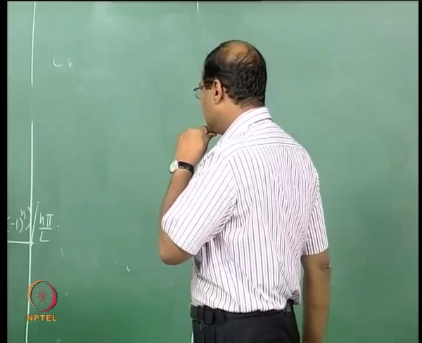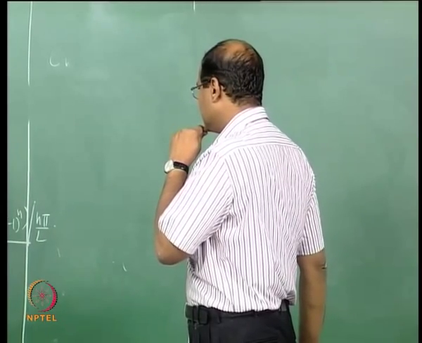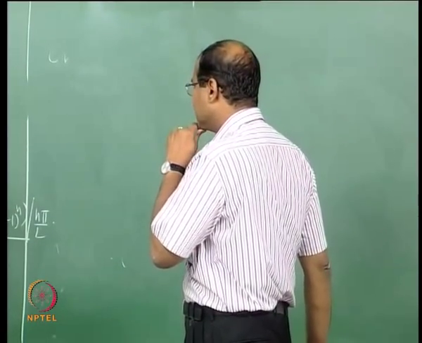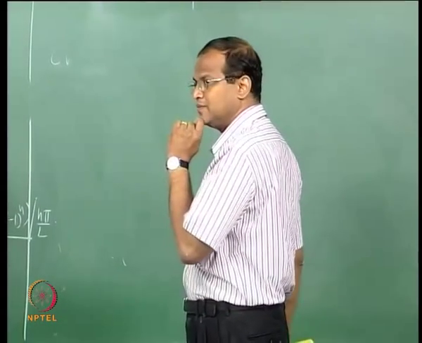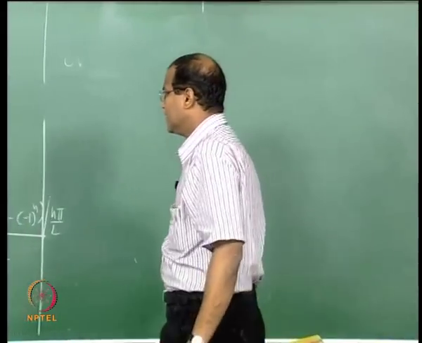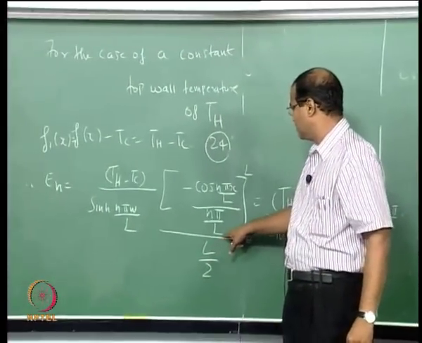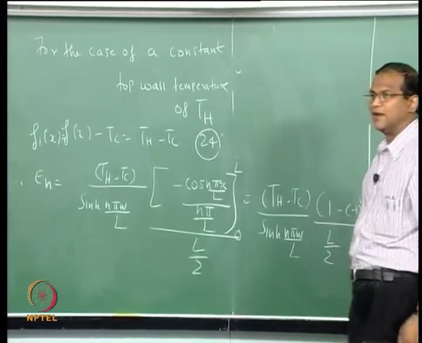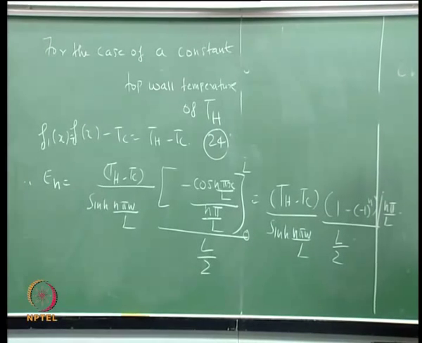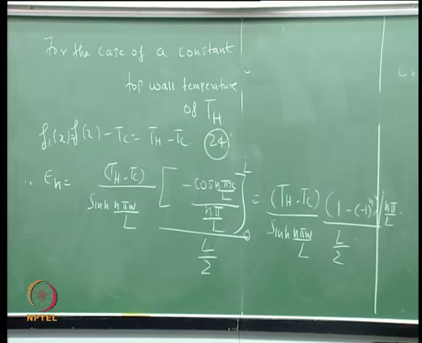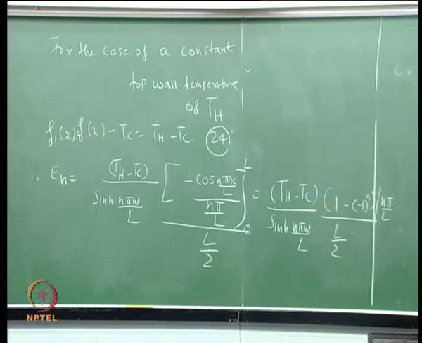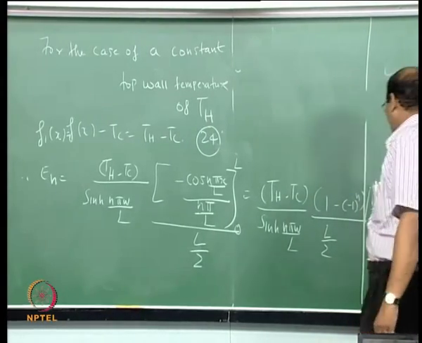L, is it getting cancelled? What is happening to L? Yes sir, L is getting cancelled. Where? Here you are getting L by 2. Is it getting cancelled or becoming L square? The numerator is divided by n pi by L, so n pi by L gets cancelled. Okay, very good. So L gets cancelled.